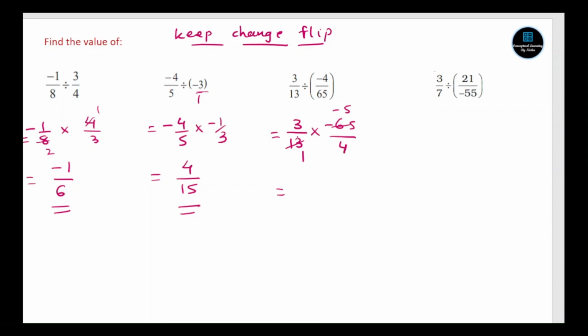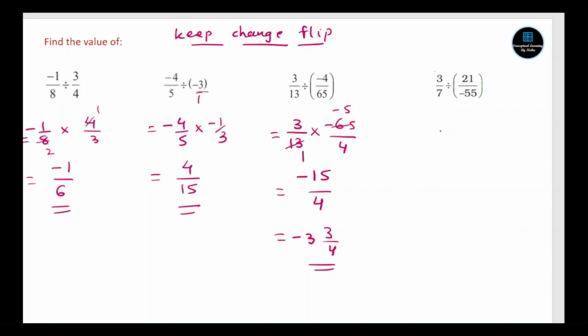So positive into negative, negative. 3 into 5, 15. 1 into 4, 4. And I can write this in the mixed form as minus 3. 4 3s are 12. So 3 is the remainder and 4. Right? Perfect. By the time I hope you understand this.